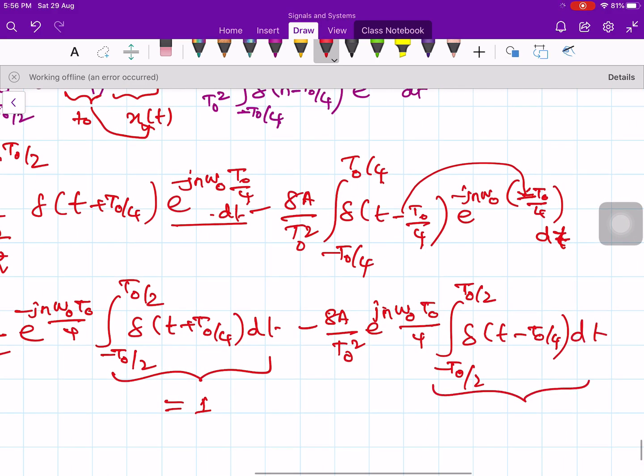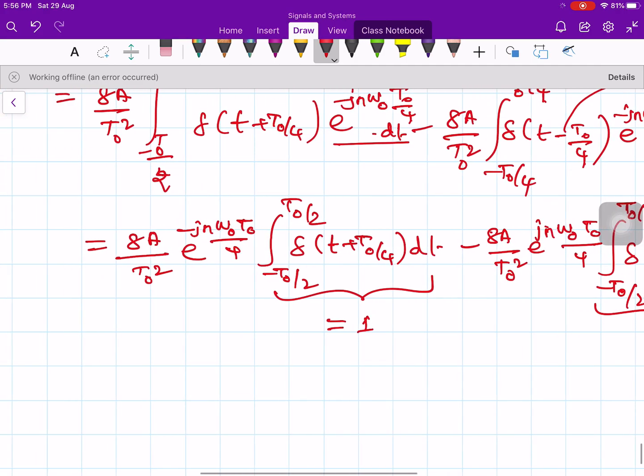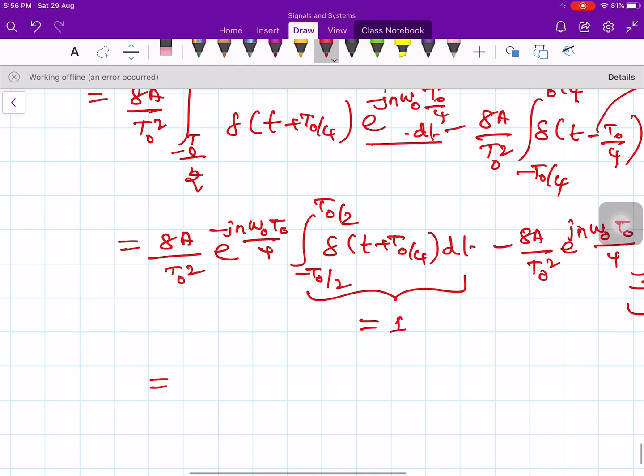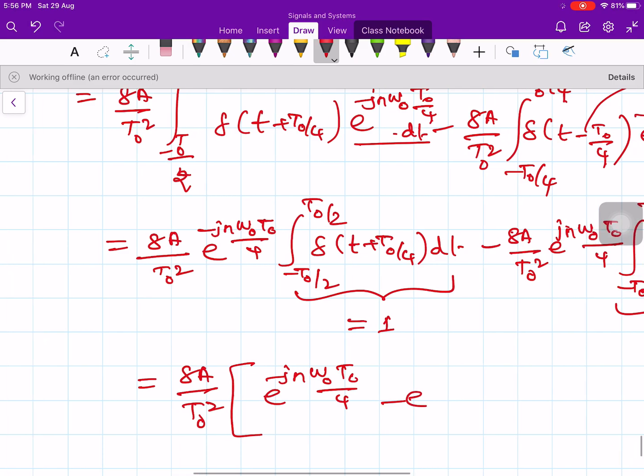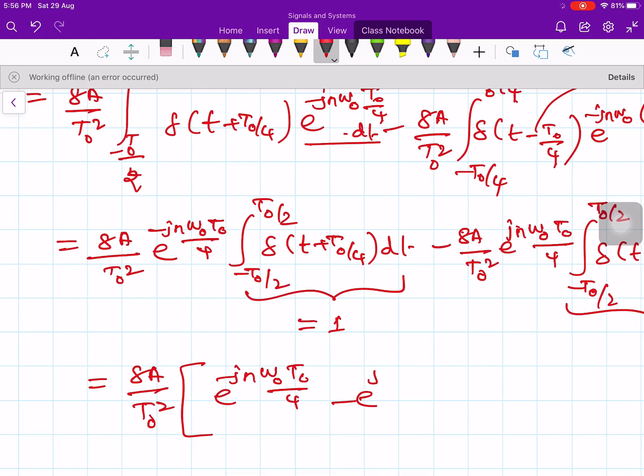Again this integral becomes 1 because area under the unit impulse is 1, right? So you have these two terms, 8a divided by t naught square, this is common, you can take it outside, e to the minus j n omega naught t naught over 4 minus e to the plus j n omega naught t naught divided by 4.